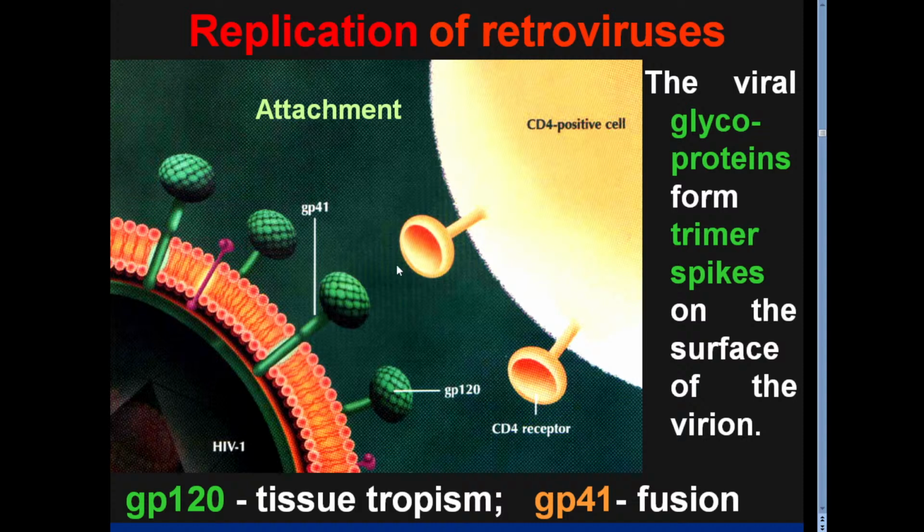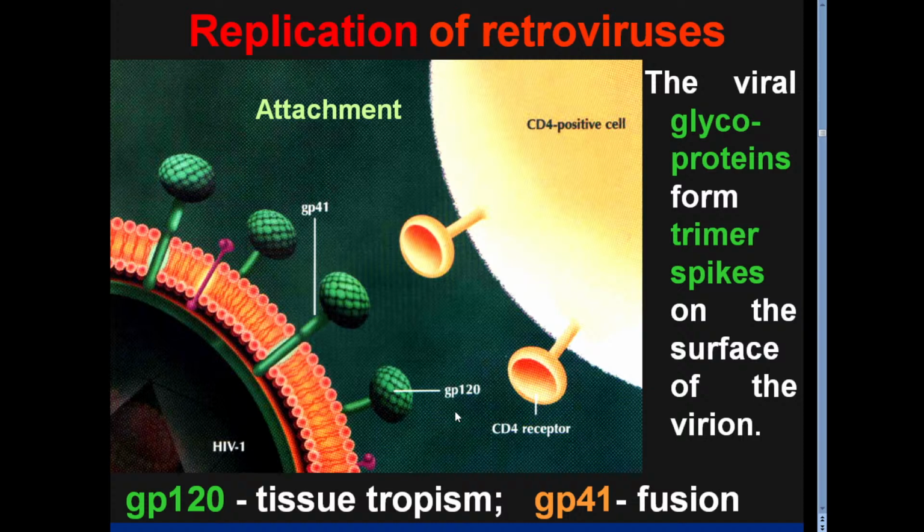For interaction with these receptors, on the surface of HIV viruses there are glycoproteins 41 and glycoprotein 120. Glycoprotein 120 is responsible for receptor interactions with CD4 receptors, tissue tropism.